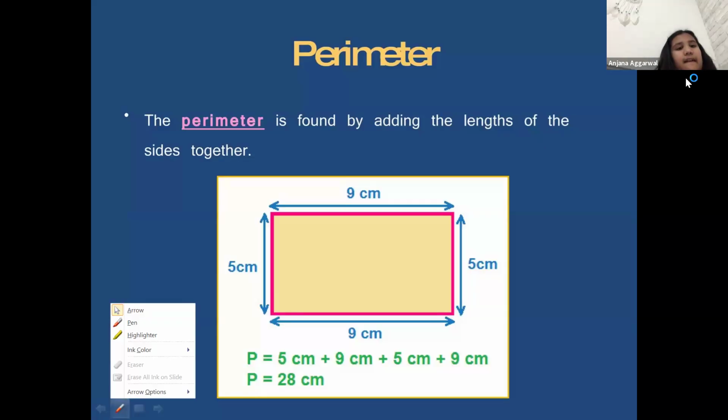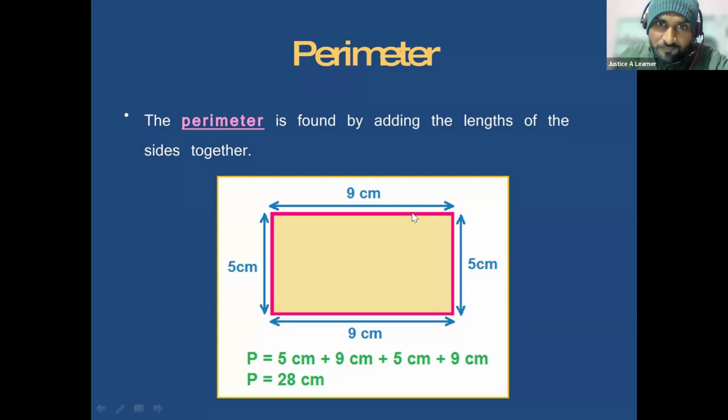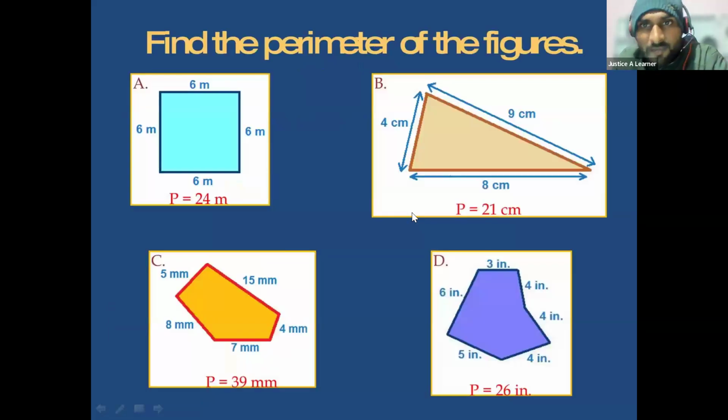Now find the perimeter of the figures. The formula you applied was for a rectangle, but the concept I introduced can be applied to any shape, no matter how many sides it has. The first shape is a square.